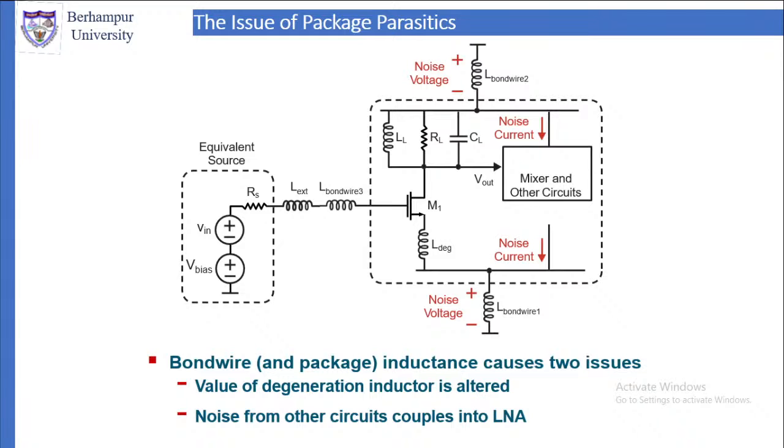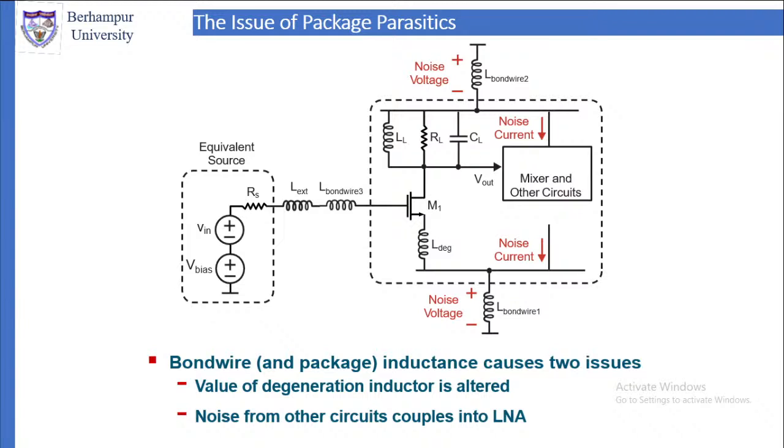So that gives you a noise voltage, then you know what is the noise current source. And now you have a mixer and other circuits connected to the output, and there will be noise current going through the source. Bond wire means, in the package, the wires or the traces that are used to connect different points.